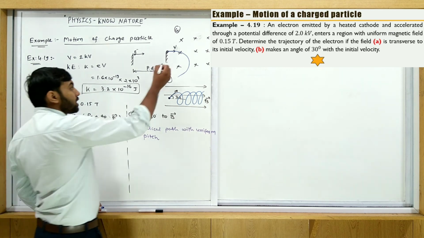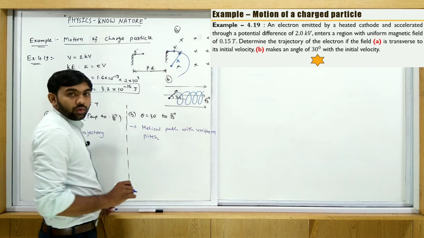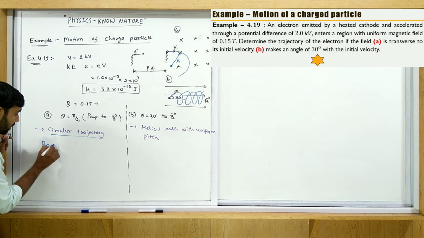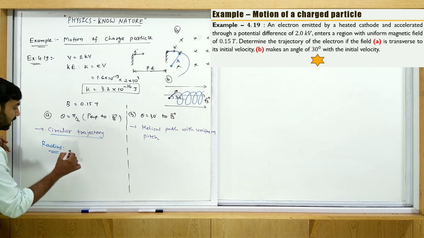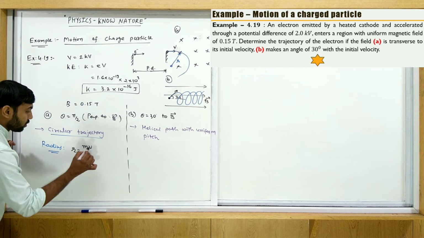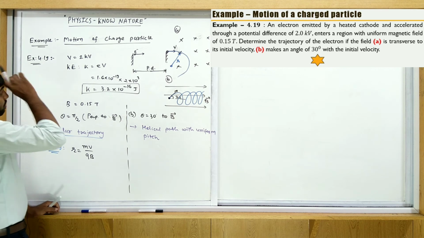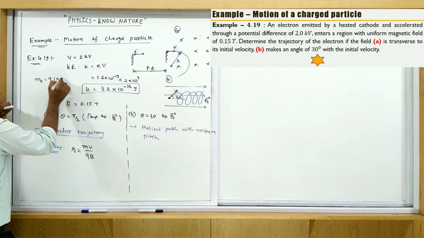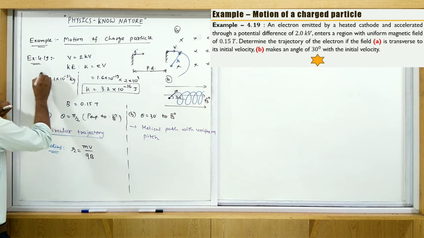Okay, so here suppose the radius of this circle is R. How do we find the radius of the circular trajectory? If you want to find the radius, then R is equal to mv upon qB. Now the mass of the electron is 9.1 into 10 raised to minus 31 kg.